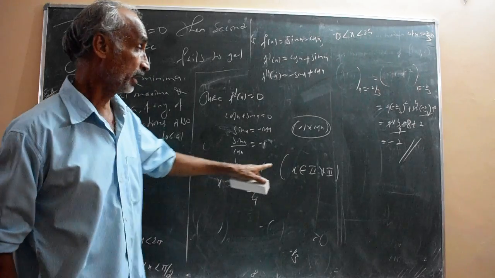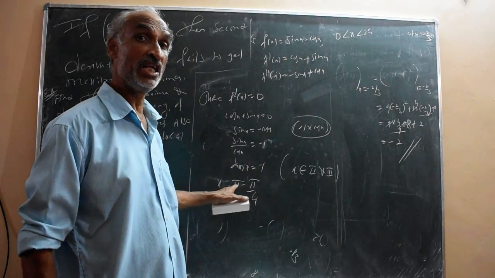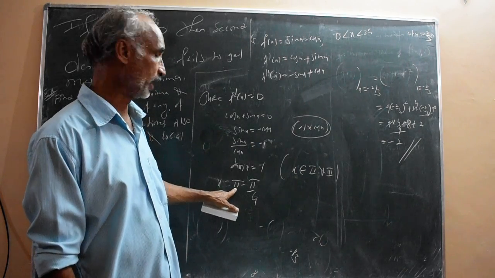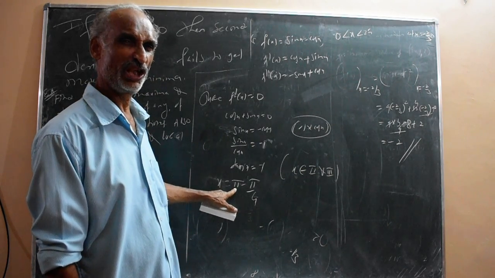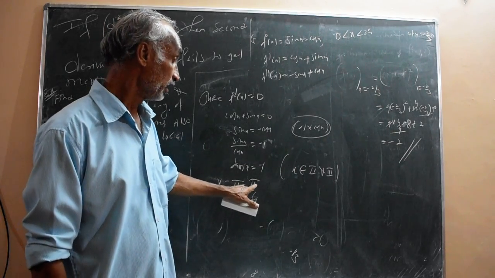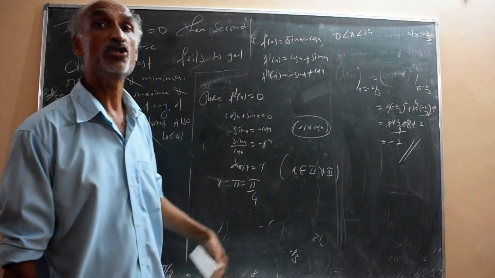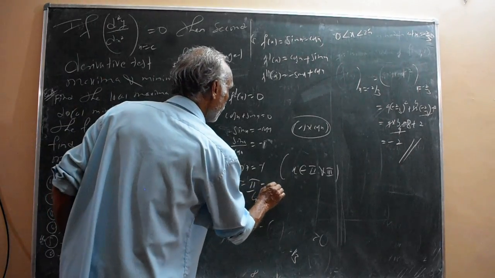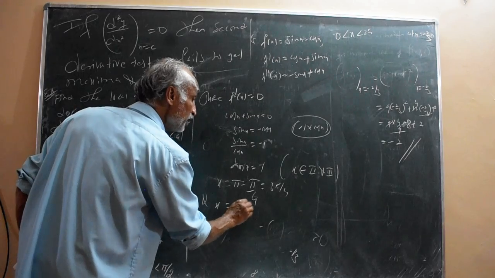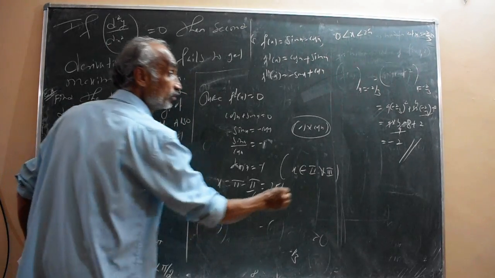Tan of 180 minus theta is minus tan theta, so with theta as pi by 4, tan pi by 4 is 1. Therefore it is 3 pi by 4, and x is equal to the third quadrant, 180 plus, sorry, fourth quadrant.